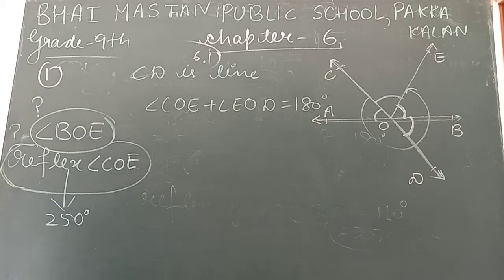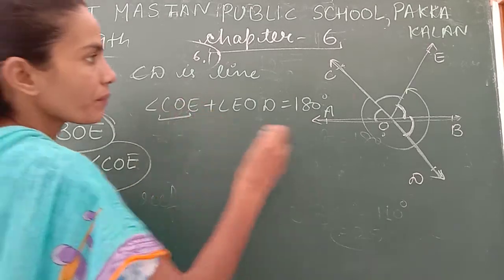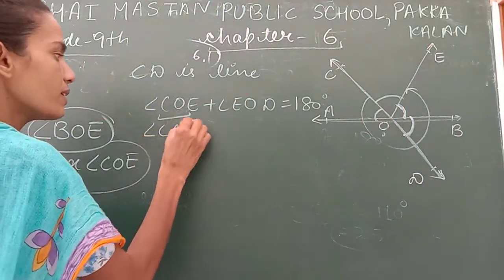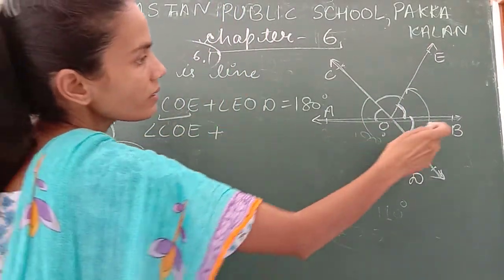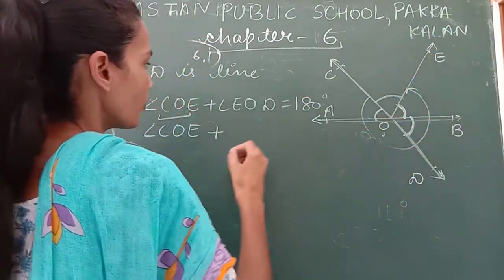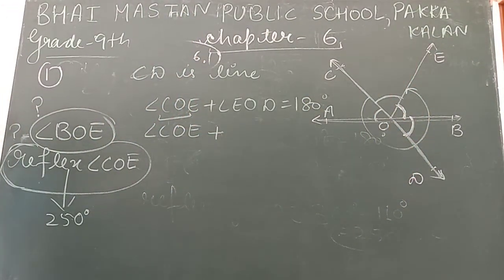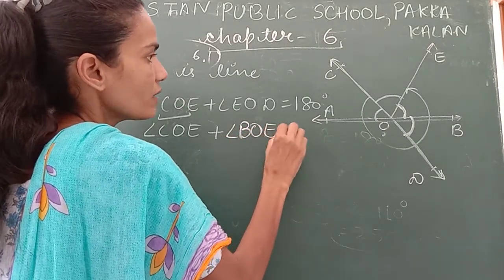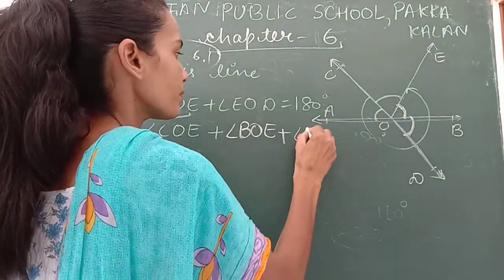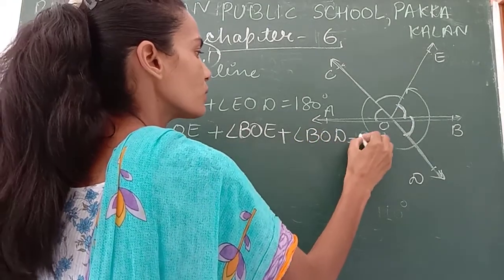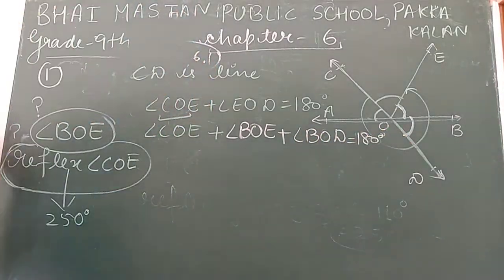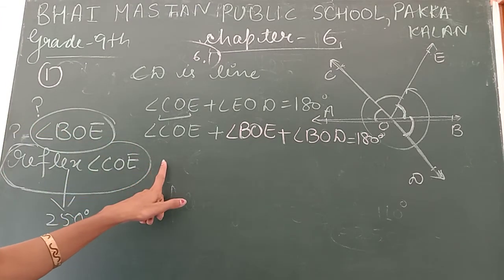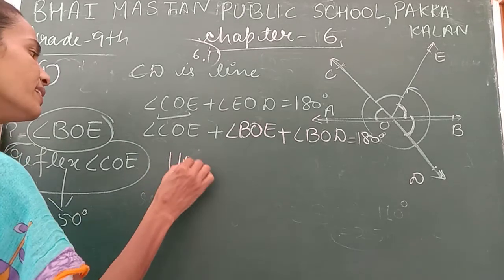And COE plus BOE, sorry, BOE plus BOD also makes an angle of 180 degrees because the whole line makes a linear pair, and this angle COE is 110 degrees.